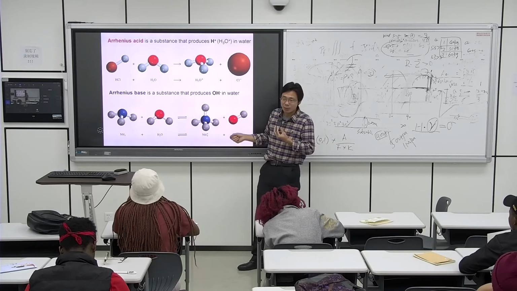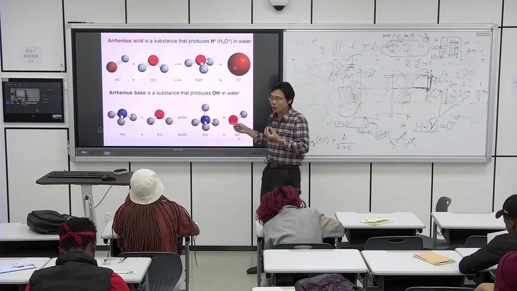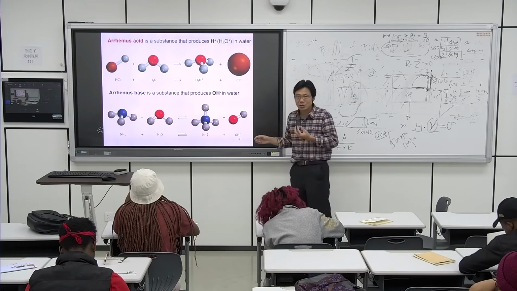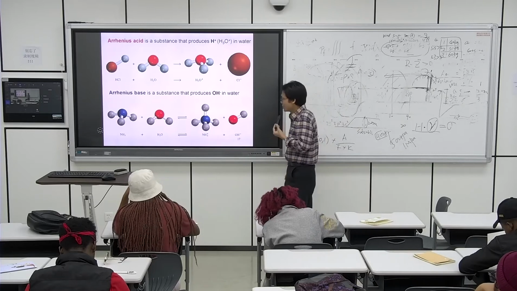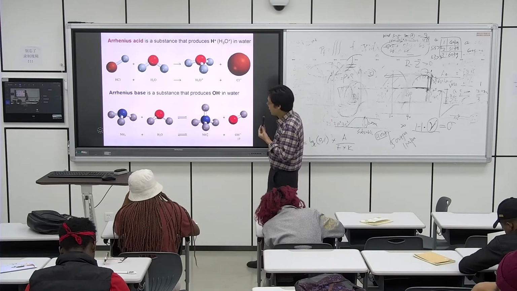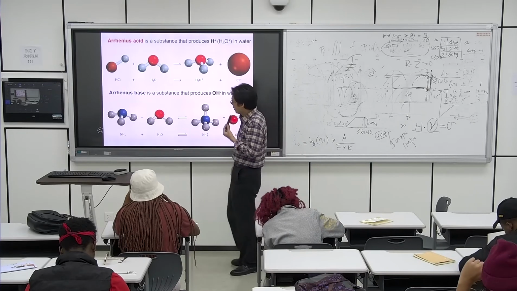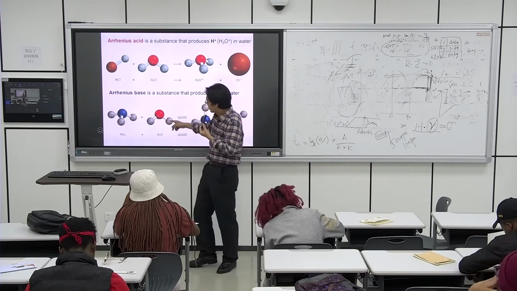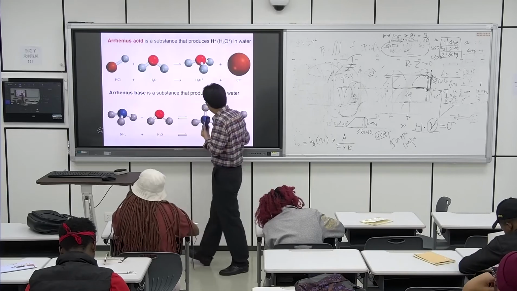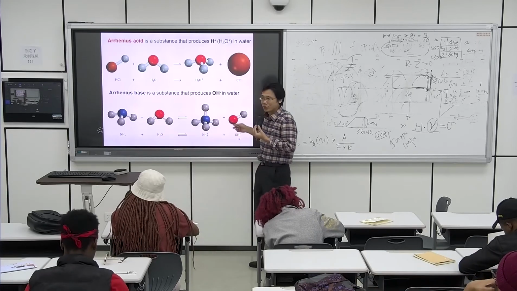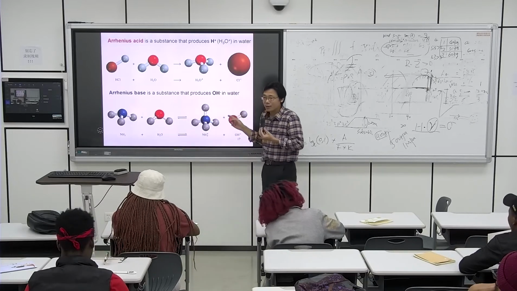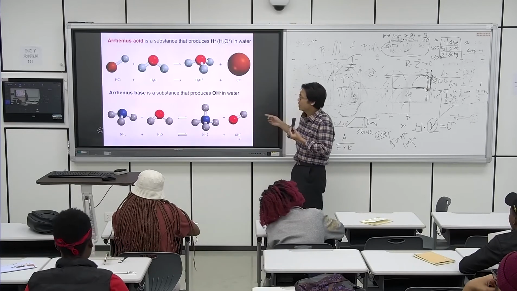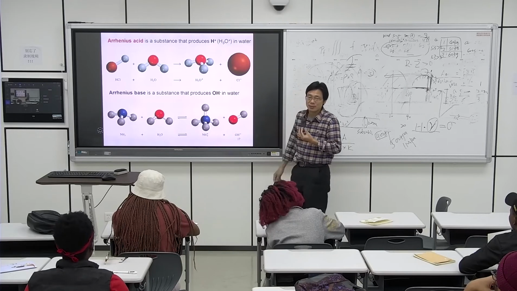Okay, because in this chapter we introduce the reactions in water. So the water is a solvent. And in water solvent, it can release OH. So it's a base. So this is the first way to learn acid and base.